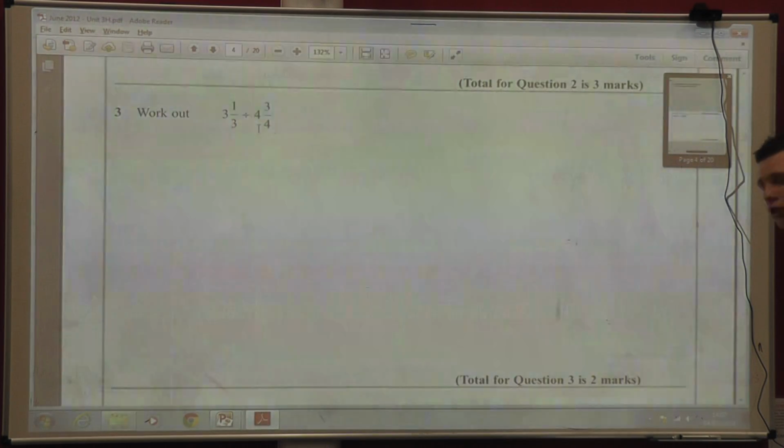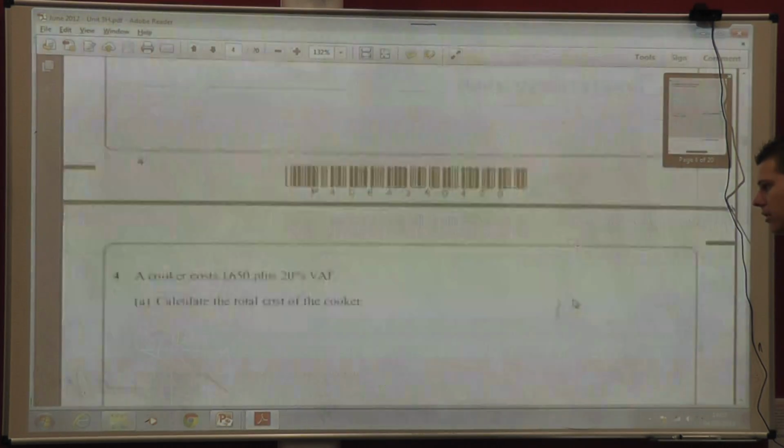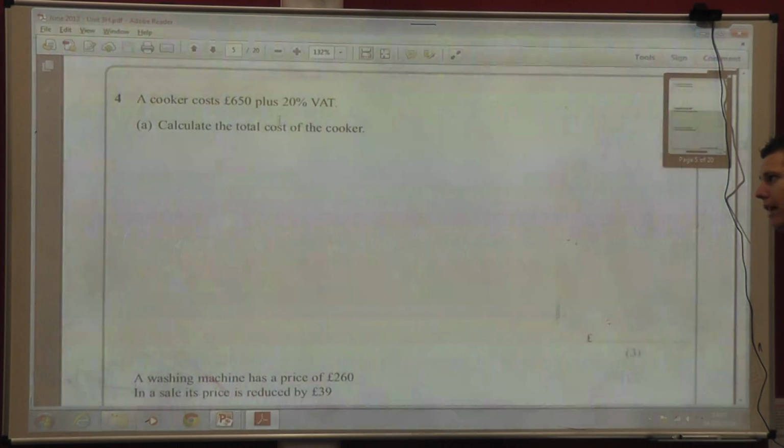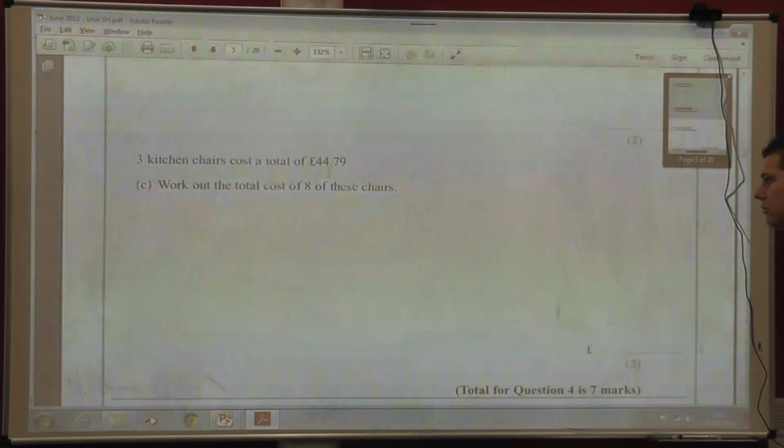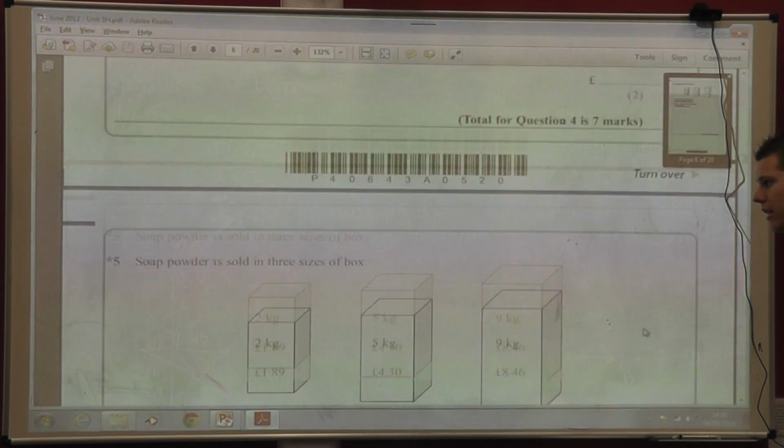Plus the fraction question is another 2, that's 8 marks. Plus the one we've just looked at, which is calculating 20%, adding it on, 3. Calculating, writing that number as a percentage of the other number, 2. Dividing by 3 times by 8, ridiculous, 2. Another 7 marks. So we're talking about 15 marks so far already on the paper.